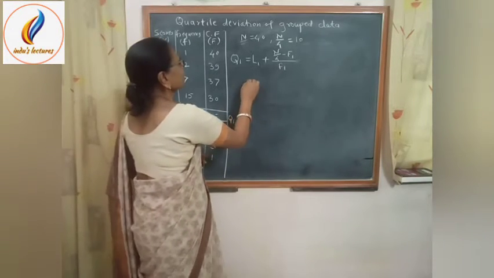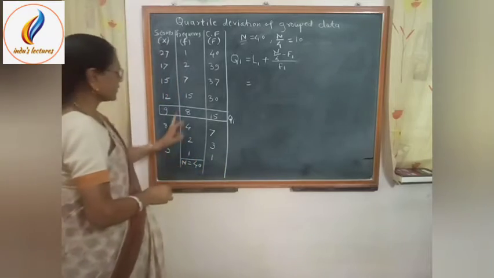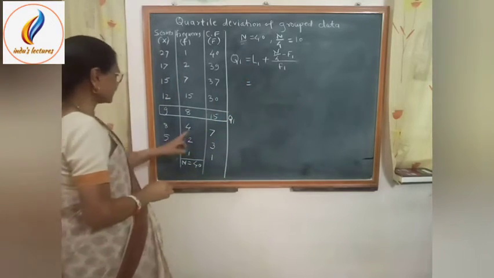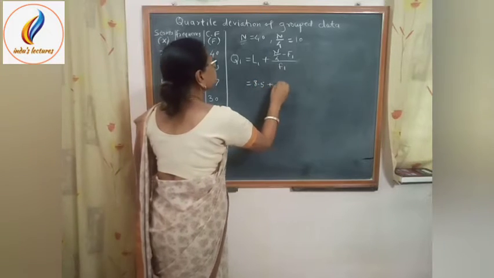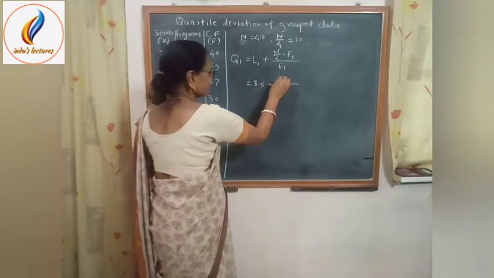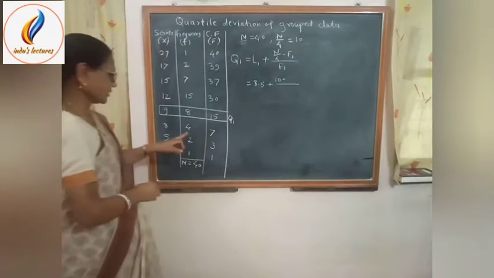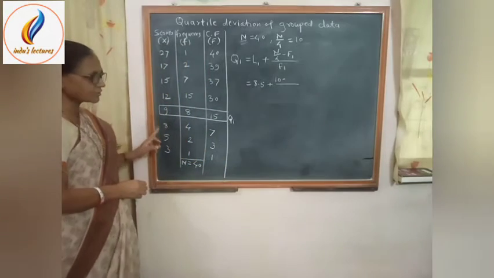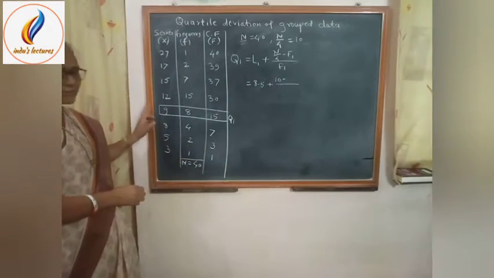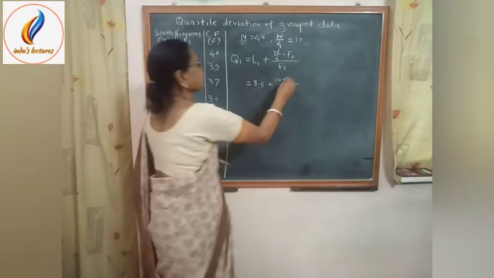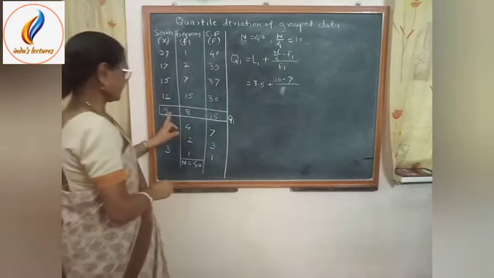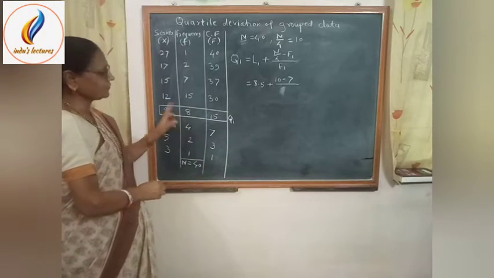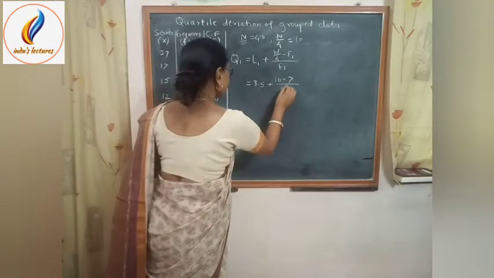Now we put in the values of all the notations. That means L1 is equal to 8.5 plus N by 4, which is 10, minus the cumulative frequency of scores below the first quartile score, that means 7, divided by small f1, the frequency of Q1, which is 8.